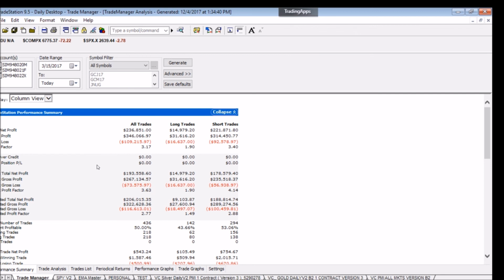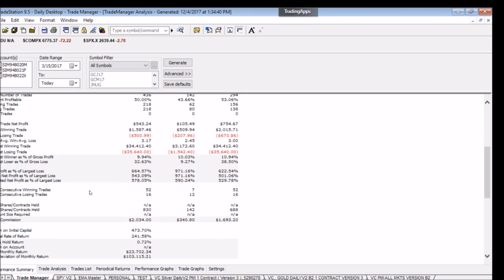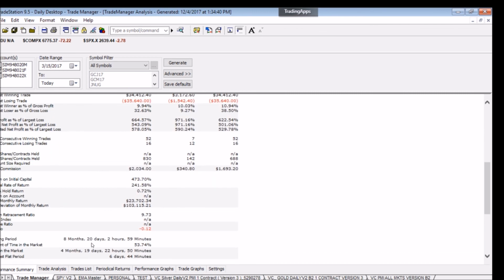This is the total summary of all the activity that we have done in the automated program. The return on initial capital is 473% in 8 months, 20 days, 2 hours and 59 minutes, averaging an annual rate of return of 241%.